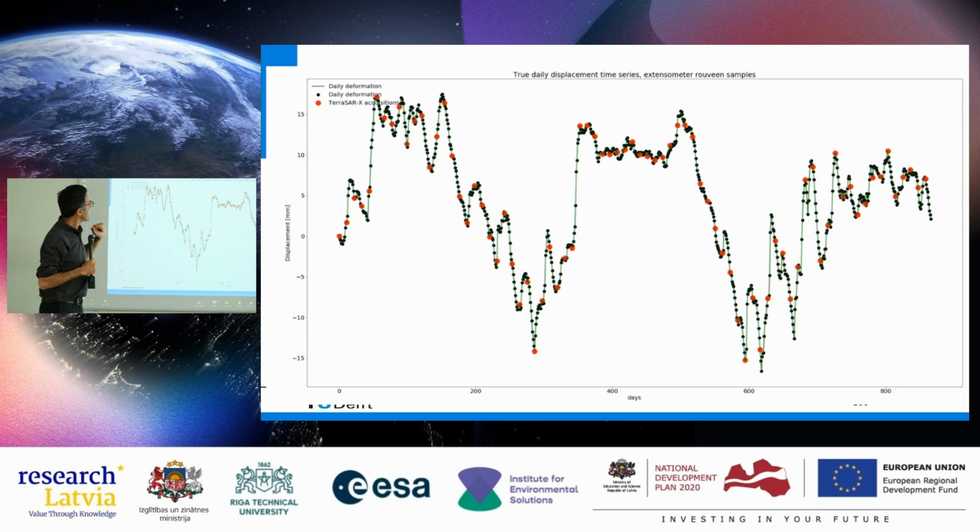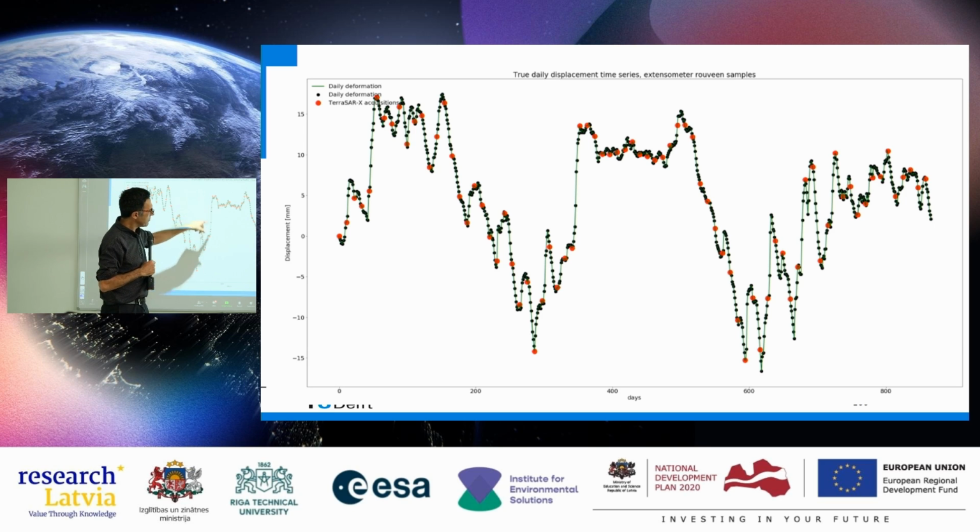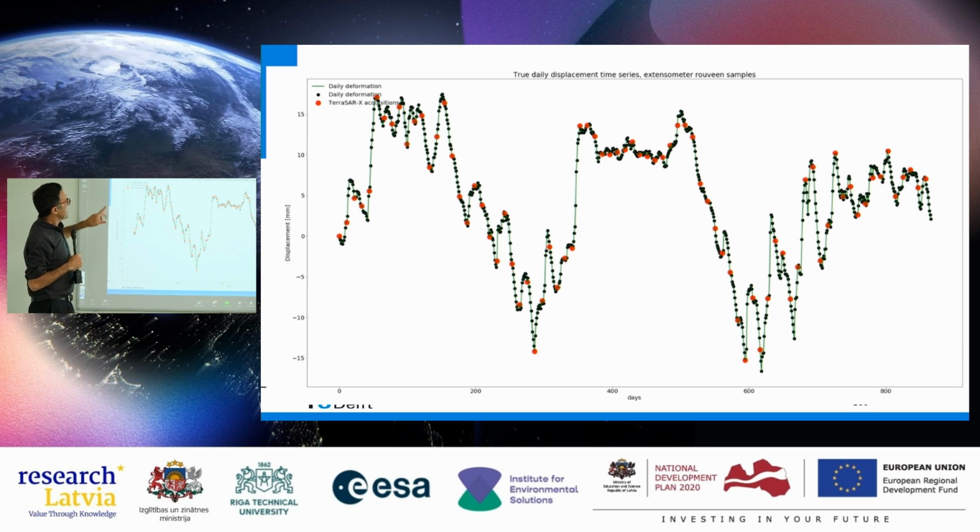Now the black dots are what I get if I have daily observations. So then every day I can more or less sample the green signal. That's okay. But if I have satellite observations, and here I use TerraSAR-X, so that is every 11 days, very similar to Sentinel, I would have only the red dots every 11 days. Now, if you look at only the red dots, you can see that it already becomes very difficult to follow all the peaks, right?